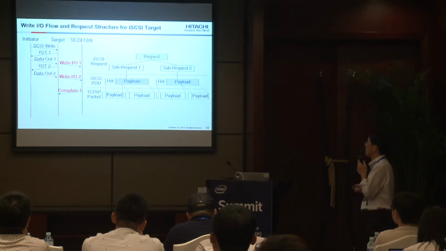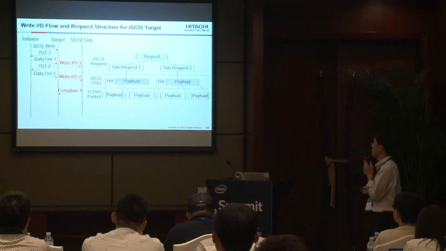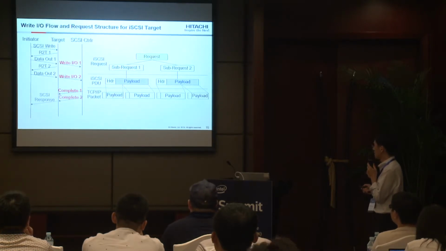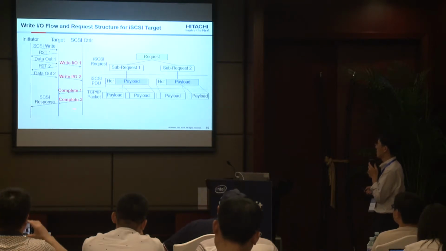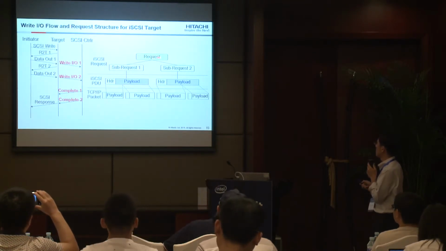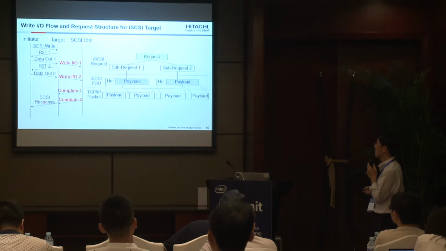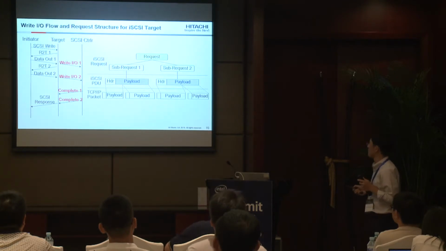When the target receives the completion of the first I/O, the target frees the first sub-request, and then when the target receives the second completed I/O, it frees the second sub-request, and then sends the SCSI response corresponding to this SCSI command, and then frees all requests.